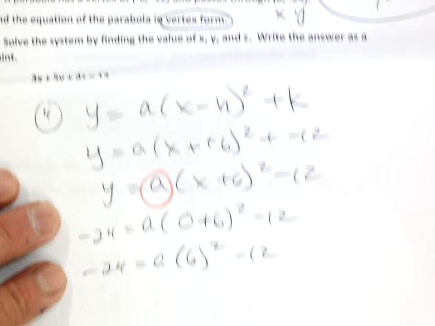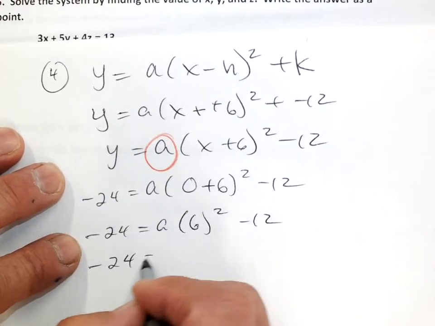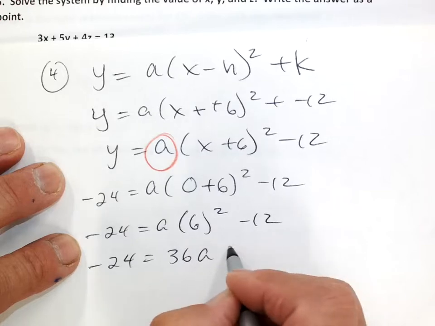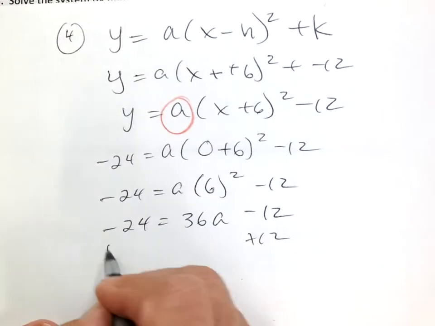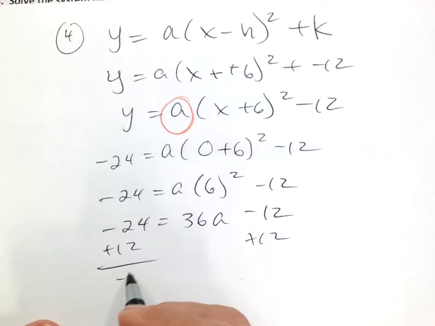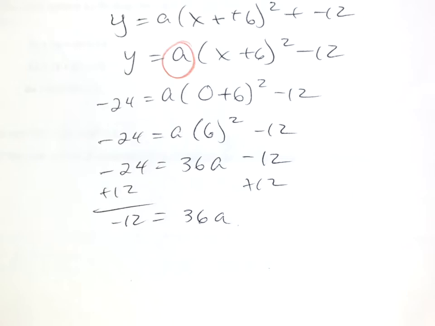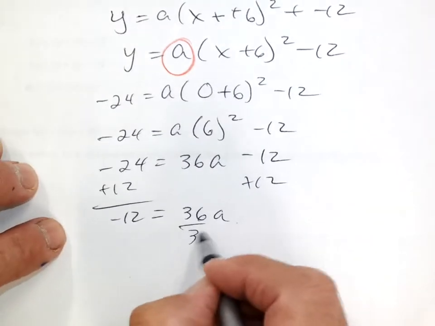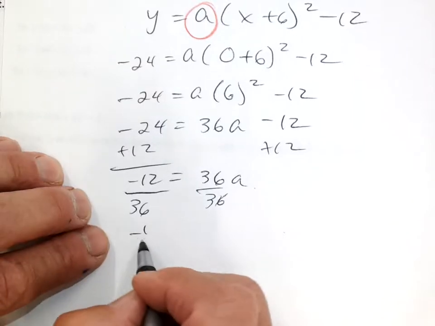I know that. That's 36, right? That's 36a minus 12. Plus 12 on both sides, and I get -12 equals 36a. Divide by 36, and I should get a equals -1/3.